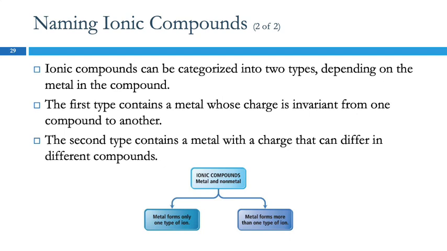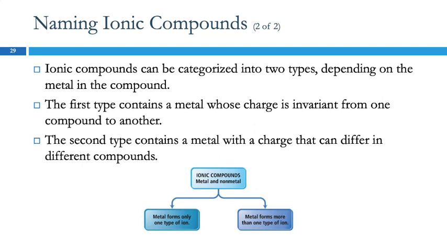So ionic compounds can be categorized into two types. The metals that we've talked about in groups 1A, 2A, and 3A always form the same charge as the group number. They're really nice and predictable. And then we've got the transition elements, all those guys in the middle, and they are not predictable. Some of them form like 5 or 6 different charged ions.